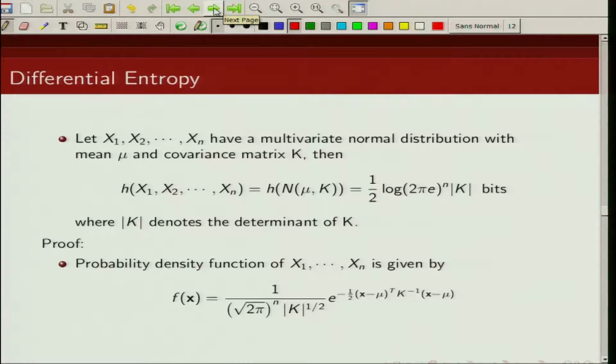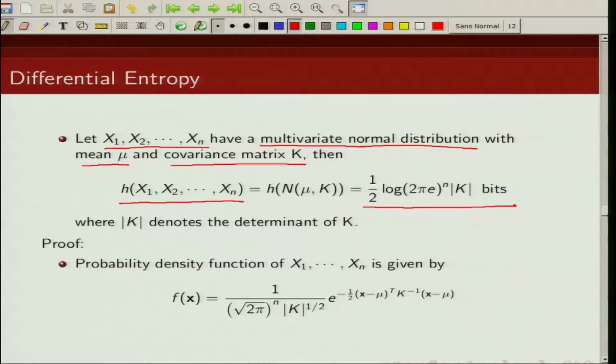Now let us consider an example. So we are considering a multivariate normal distribution. So x1, x2, x3, ..., xn have a multivariate normal distribution with mean given by mu and covariance matrix given by K. Show that the joint differential entropy is given by this expression, where this is nothing but the determinant of K, the covariance matrix.